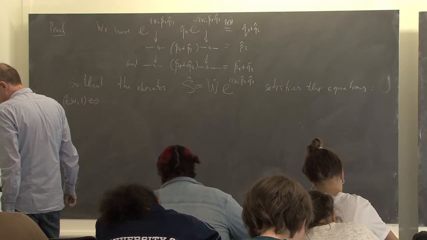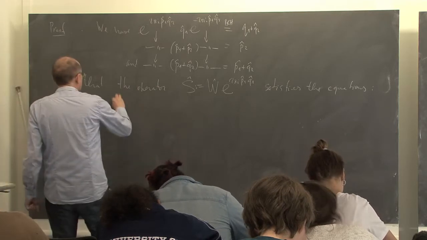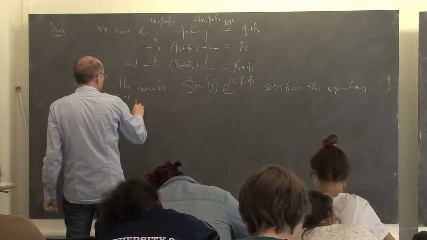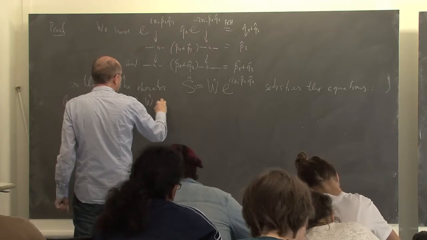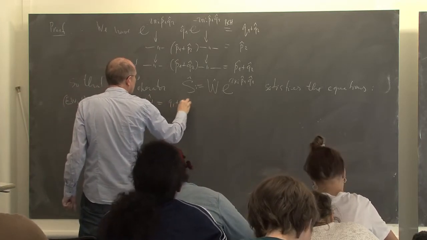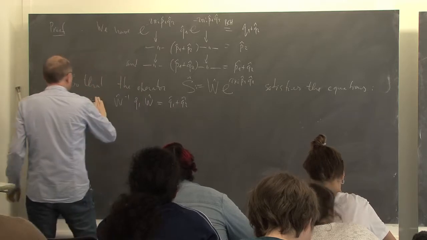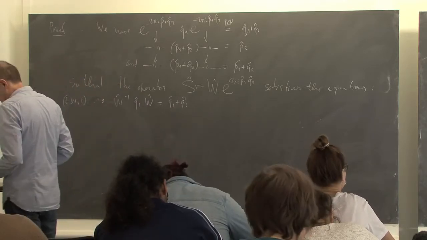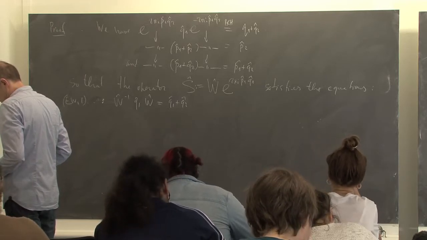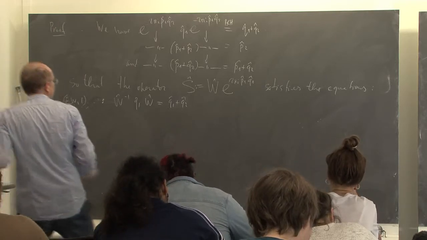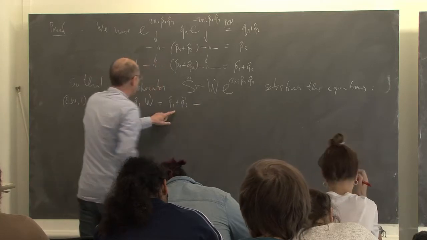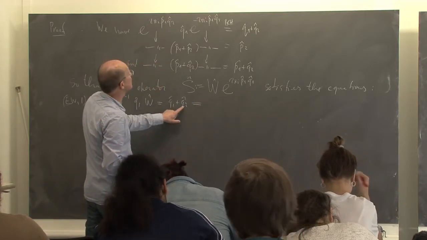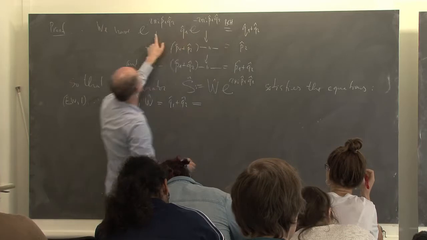So it was W hat minus 1 Q1 W, it was equal to Q1 plus Q2, right? That was the equation. Let me check. Yes. And now we can write it, this Q1, Q2, like this.